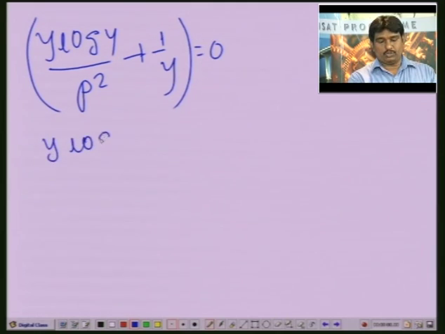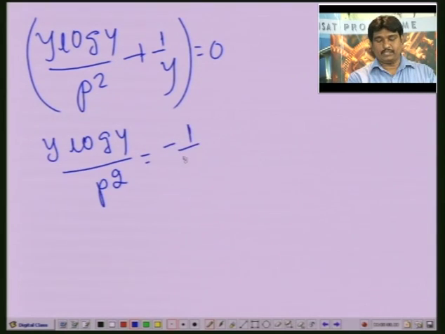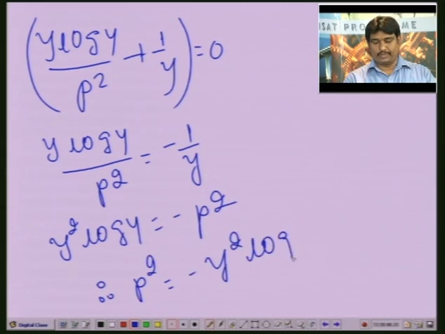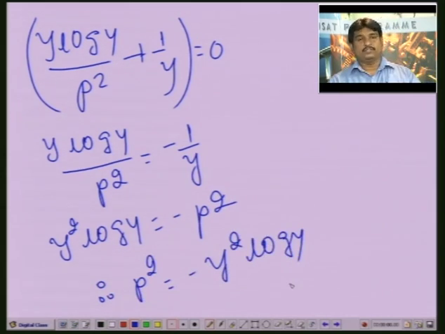It's y into log y divided by p square equals minus 1 by y, or else y square into log y equals minus p square. Therefore, p square is minus y square into log y. This is the p square value.